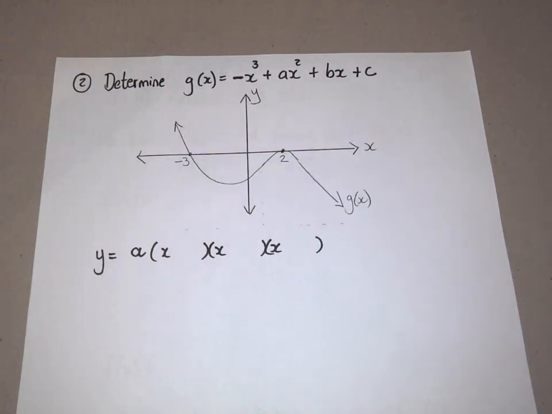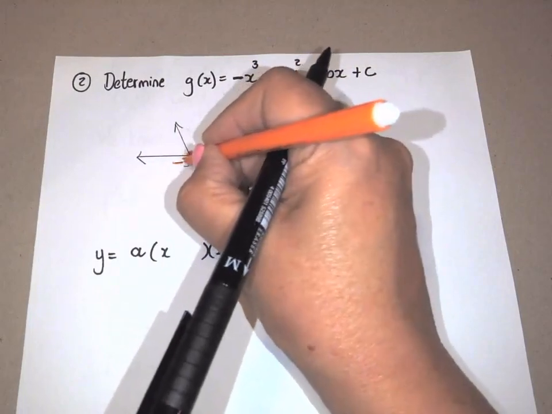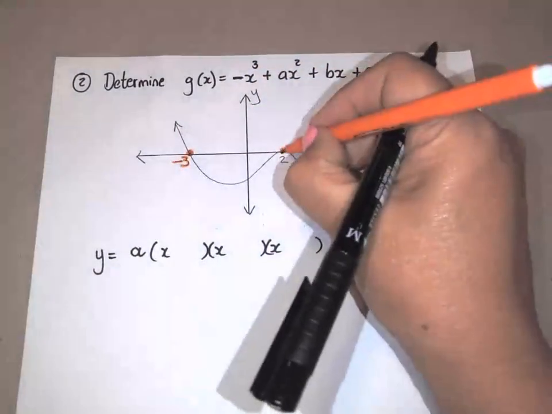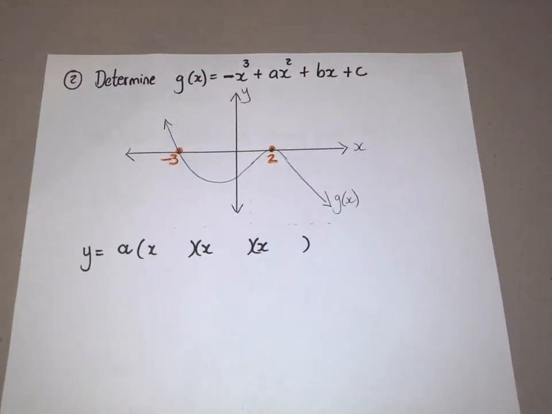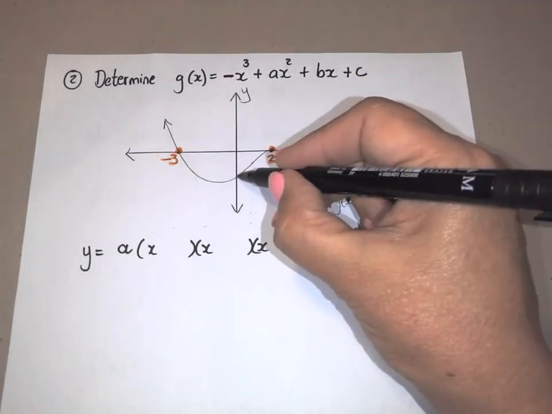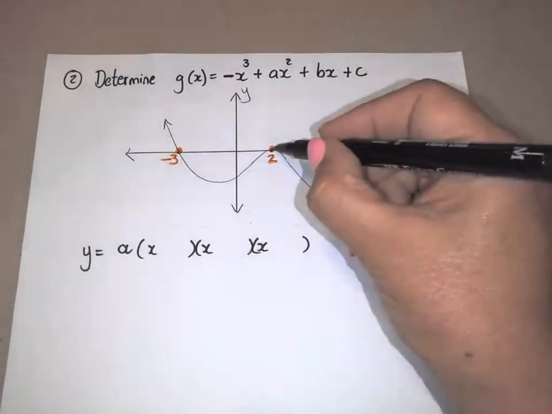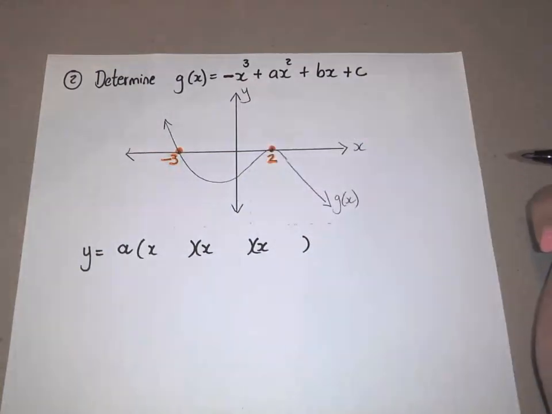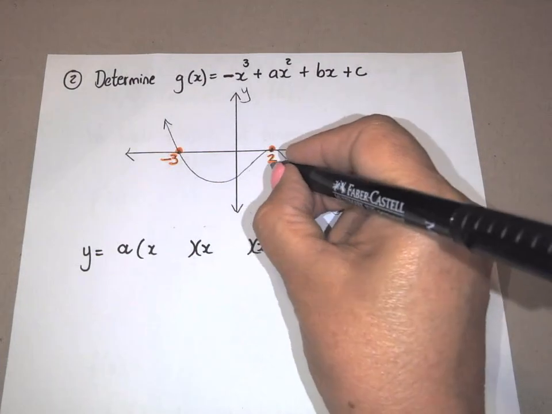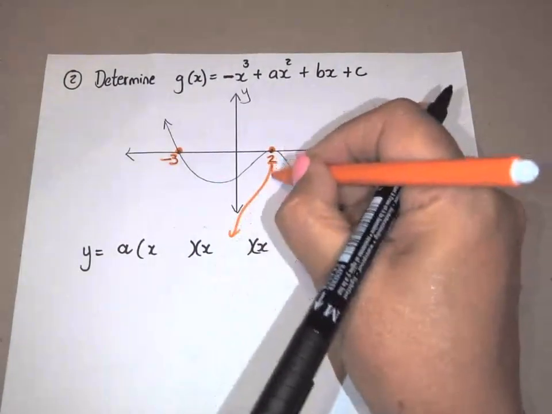So we look at what we have. We have a negative 3 as an x-intercept, and we have a 2 as an x-intercept. But you can remember from our previous lessons, if the graph turns on the x-axis, it means that that x-intercept counts for 2 x-intercepts. So we are going to put this in 2 brackets.